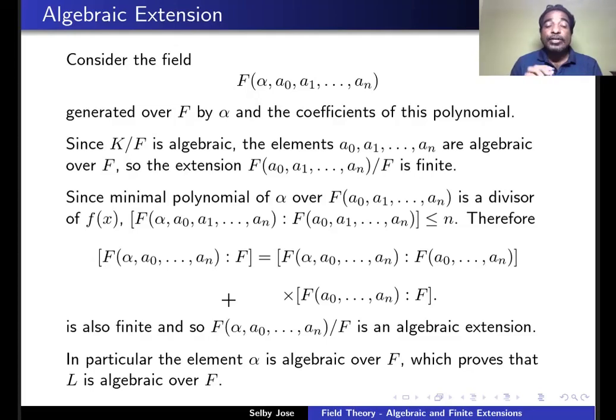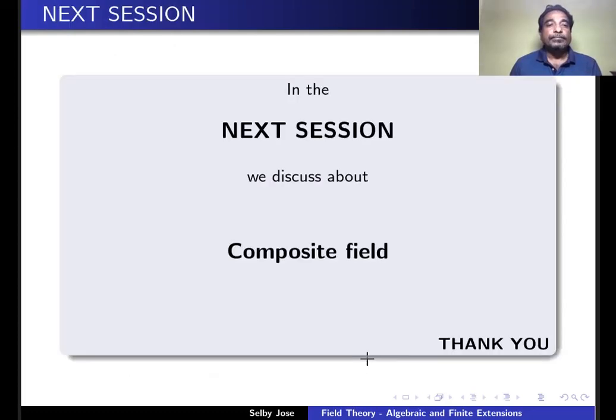But we know that any finite extension is an algebraic extension. In particular, alpha is algebraic over F. This is true for any element alpha in L. Therefore, we get L over F is an algebraic extension.